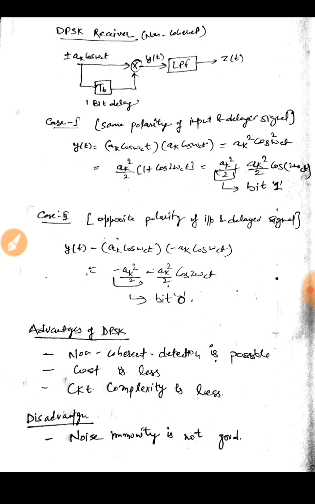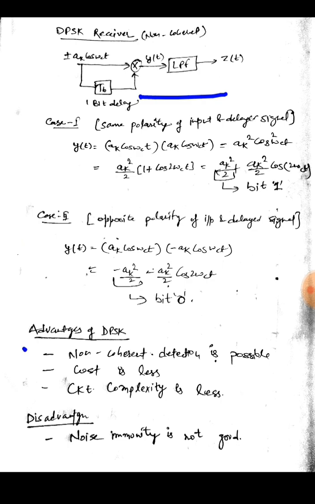So in this circuit you can see that we haven't used the local oscillator or the carrier frequency at the receiver end. So this is a non-coherent detection. So there are some advantages of DPSK.